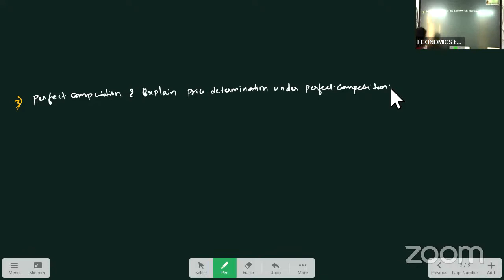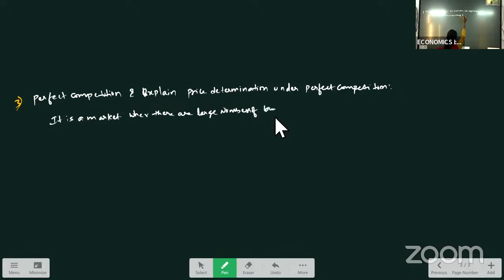so that you can score full marks for this. Okay. So what is perfect competition? Perfect competition is a market where there are a large number of buyers and sellers selling homogeneous goods.